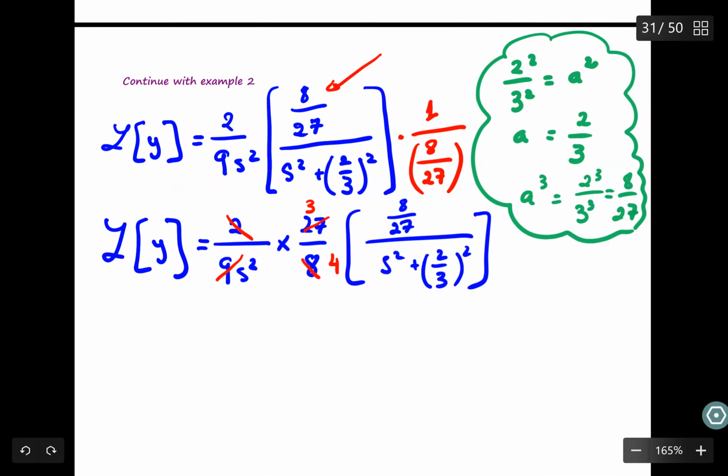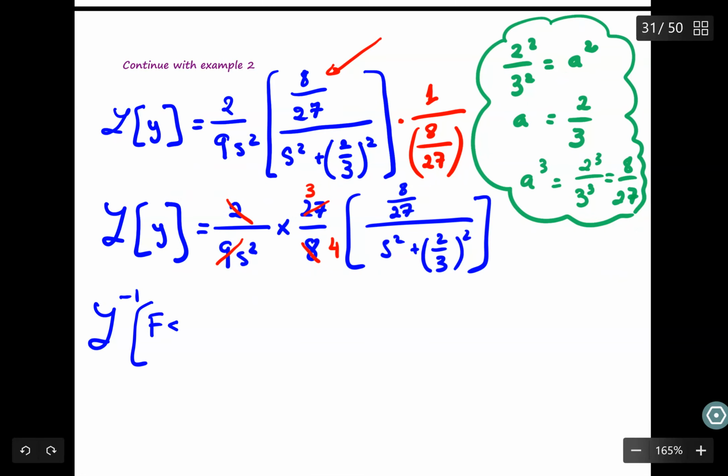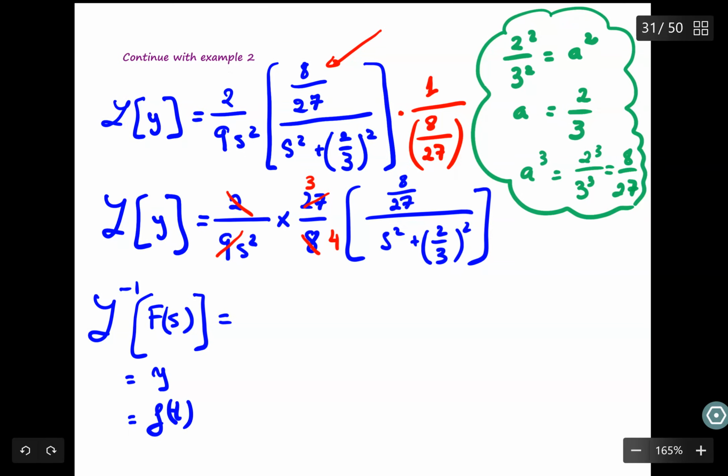The next step is to perform the Laplace inverse of the function F(s) so that we can pull out our y, or our f of t. We should have 3/4 left over, and the s squared goes there.